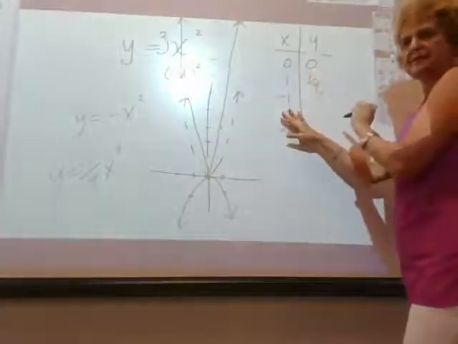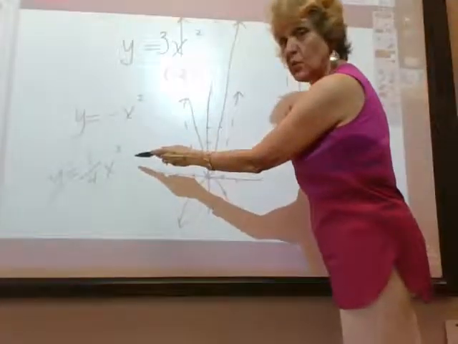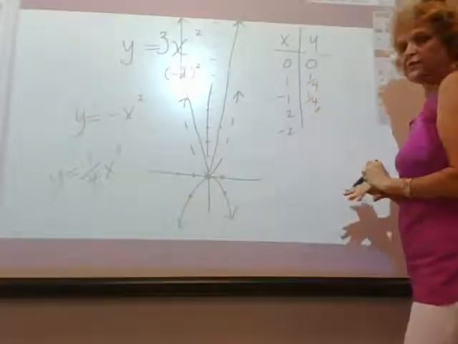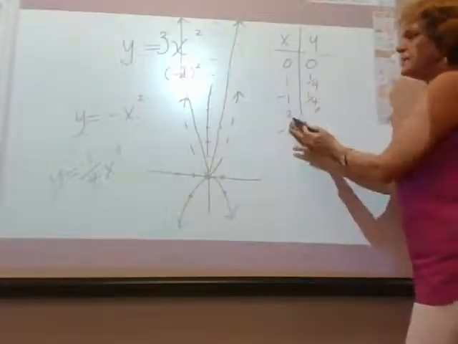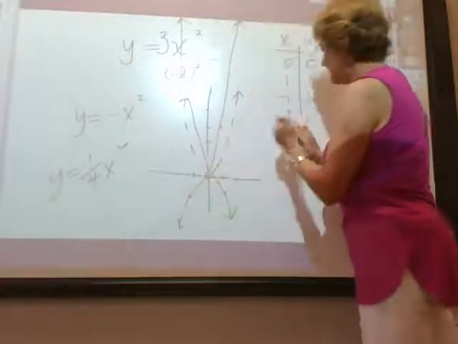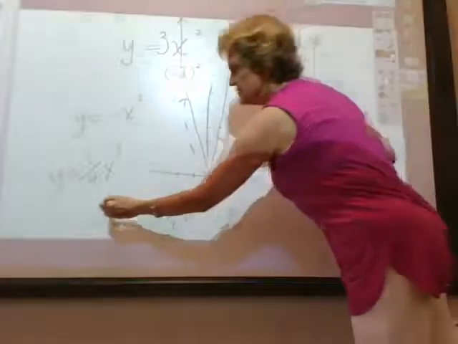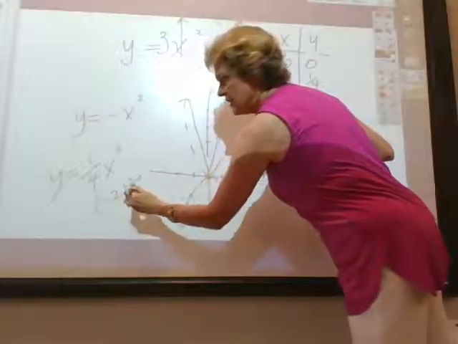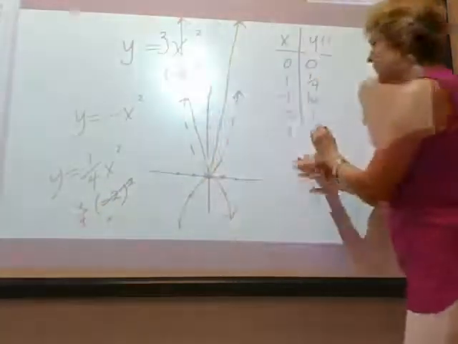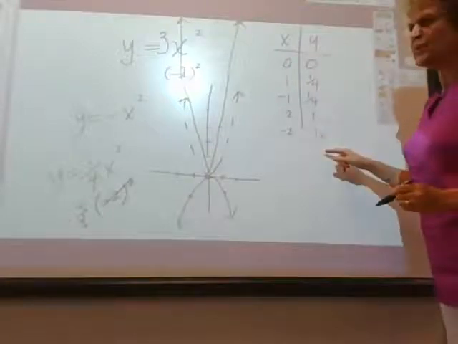If I plug in negative 1, negative 1 squared is still 1 times 1/4, also 1/4. If I plug in 2, 2 squared is 4 times 1/4 is 1. If I plug in negative 2, negative 2 squared is 4 times 1/4, so it would be a positive 1 as well.